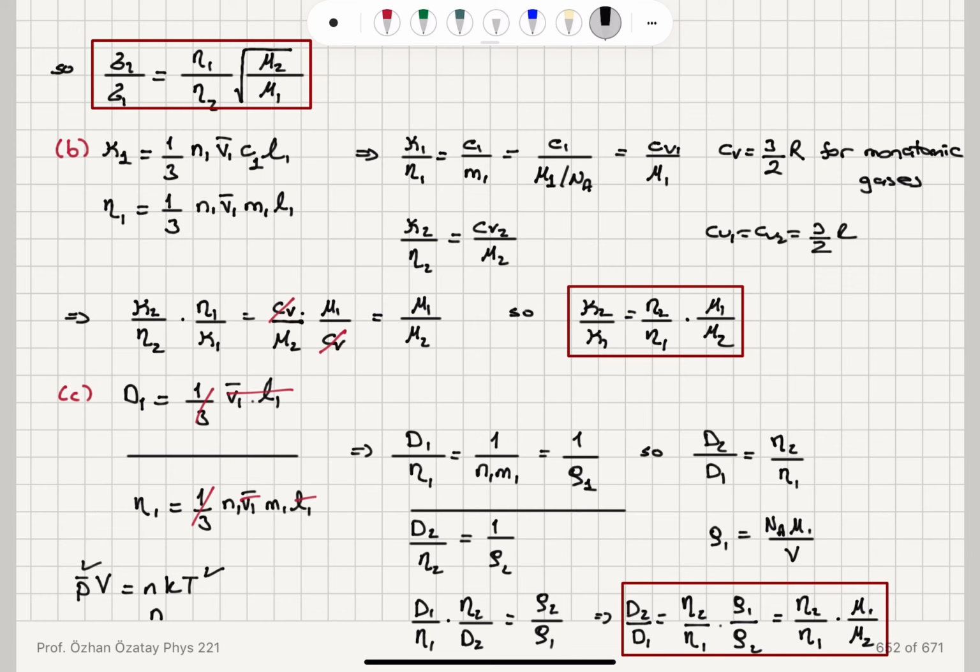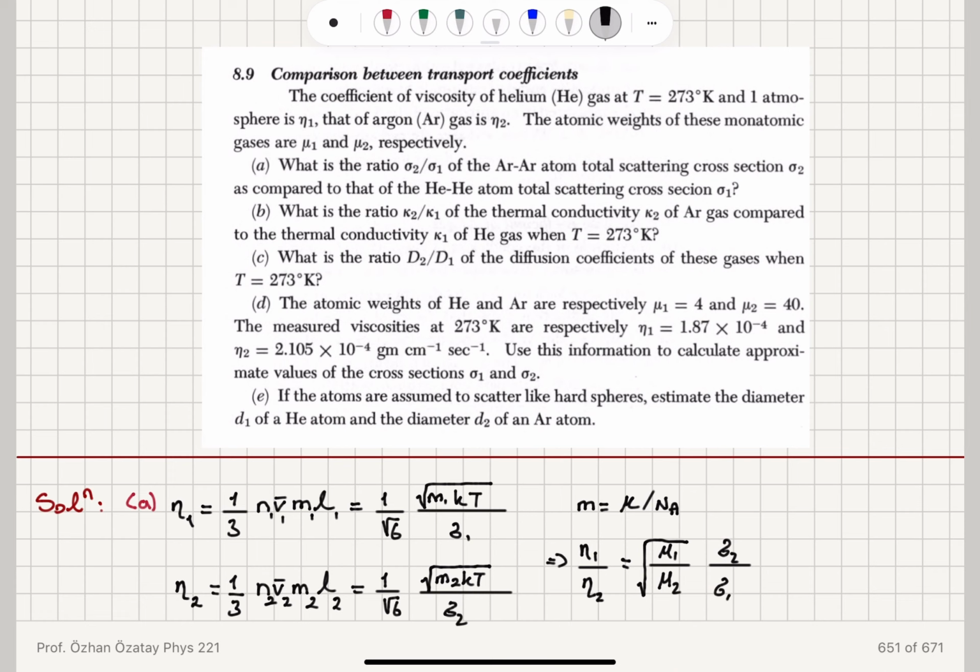So we have n's are equal for these two gases. So normally this would be equal to number of moles N1 times Na mu 1 over V, but N1 is equal to N2. All right. So that's the answer to part C.